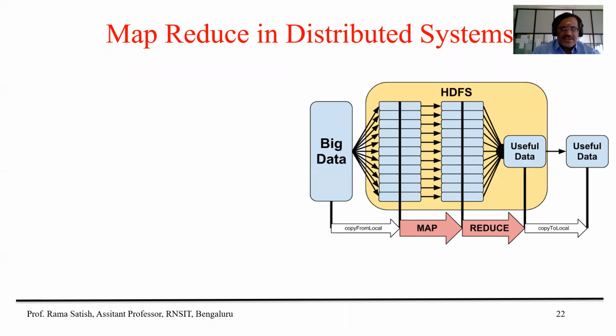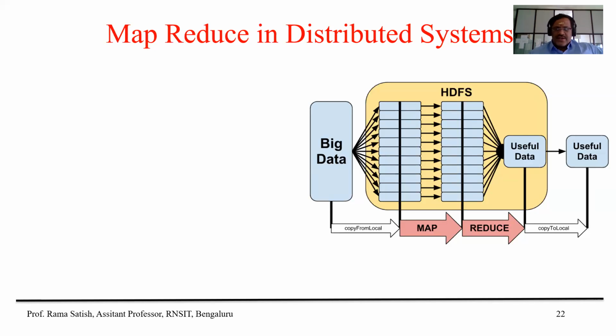And of course, in Hadoop, we know very well there are two critical components. One is the storage component, which is your HDFS, the Hadoop Distributed File System, where it will store the data efficiently across all the data nodes.